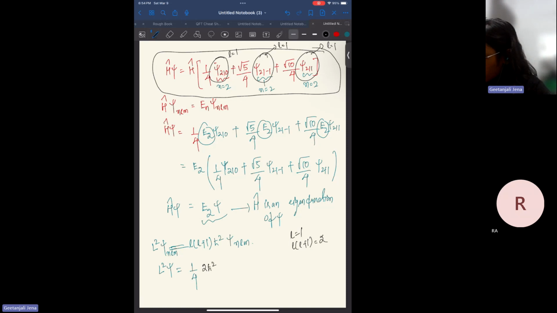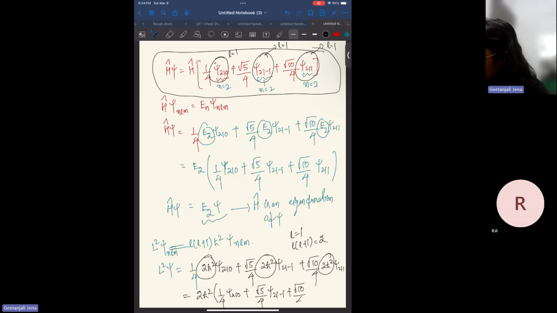This will give 2h bar squared psi 210 plus root 5 by 4 times 2h bar squared psi 21 minus 1 plus root 10 by 4 times 2h bar squared psi 211. So this 2h bar squared is also present in all terms, so you can factor it out. What will remain is 1 by 4 psi 210 plus root 5 by 4 psi 21 minus 1 plus root 10 by 4 psi 211.